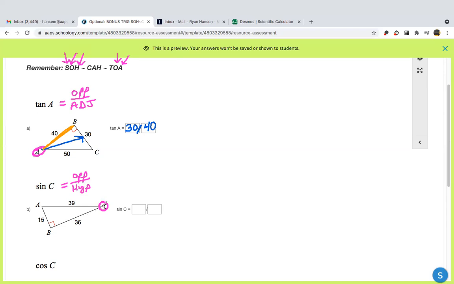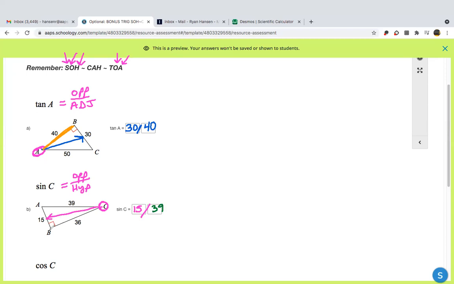I'm going to put my pen on C, throw the rock through the triangle to hit the other side. Bang! The opposite is 15 over the hypotenuse, which is the largest side. If you look at this triangle, the largest of all 3 sides, 15, 36, and 39, is 39. So that is the winner. The other way you could pick the hypotenuse is that it's across from the 90-degree angle.